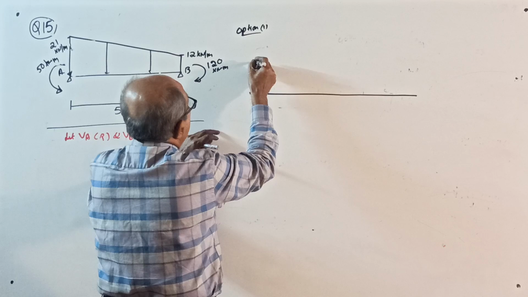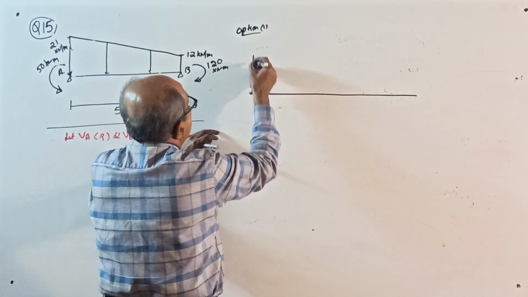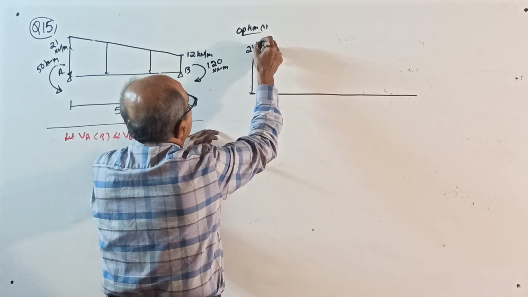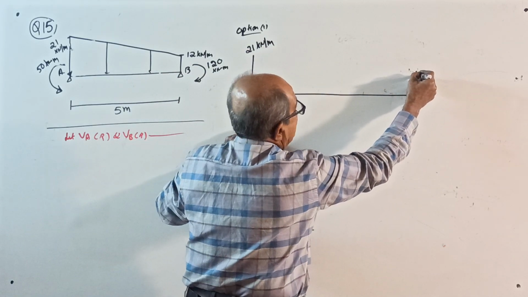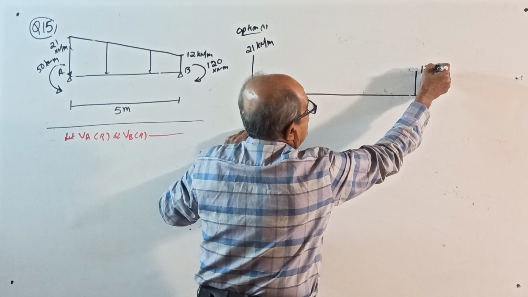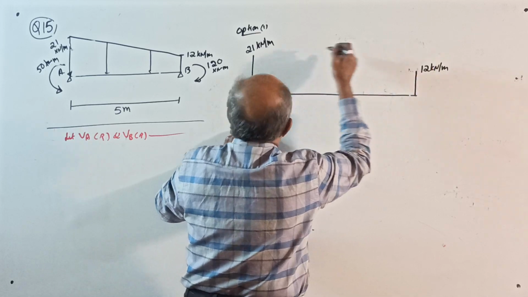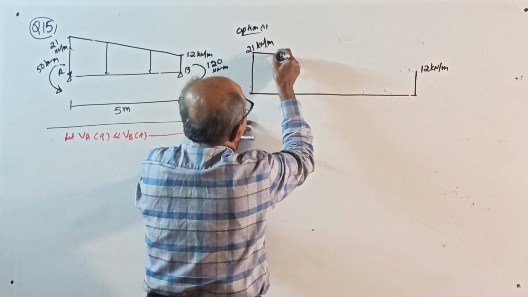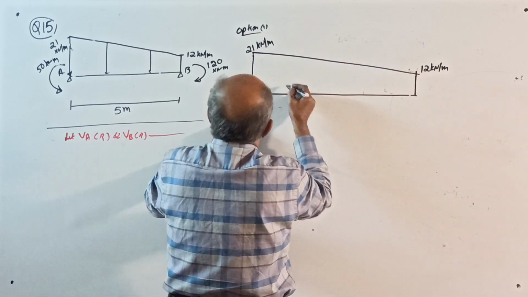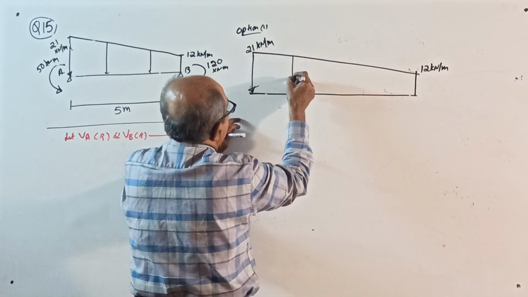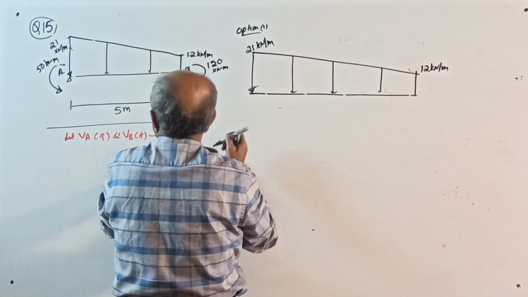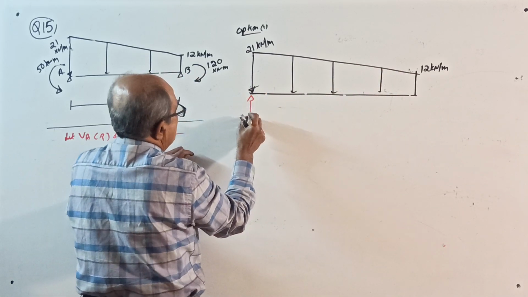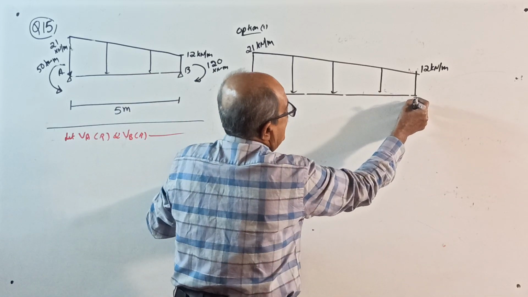This is 21 kN per meter here. This is 12 kN per meter, reducing. This reaction is VA. This reaction is VB.